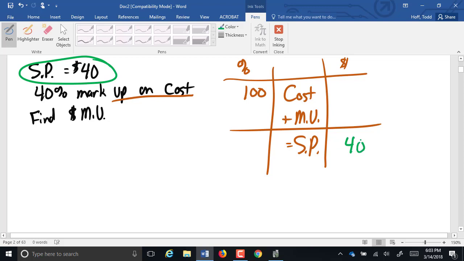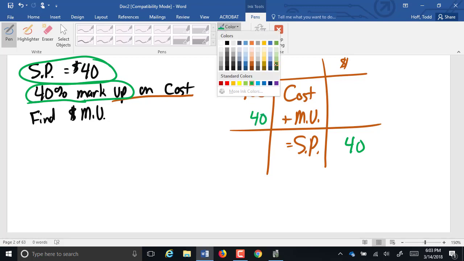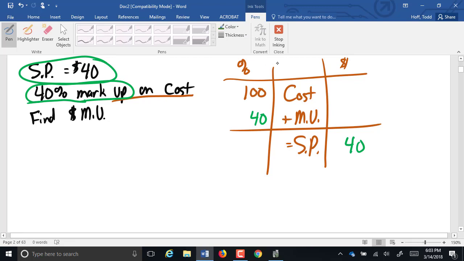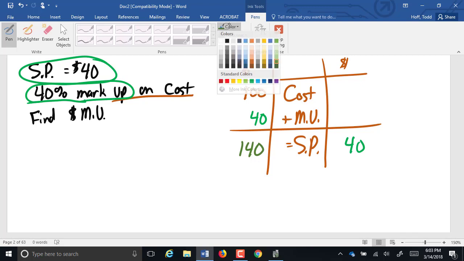Selling price. Dollar side of the selling price. Where does the 40% go? Yes, the percent side on the markup. Is there anything else that we can find real quickly right now? You got it. 100 plus 40 tells us the selling price is 140%.